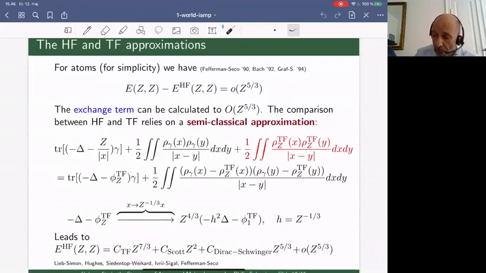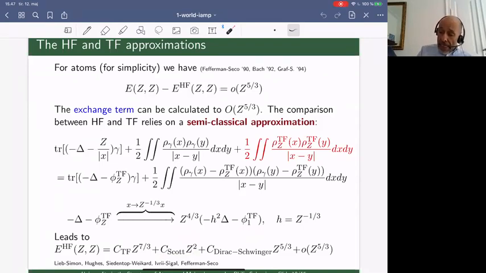It turns out that because of the Coulomb singularity here, there's an added term in the semi-classics coming from the singularity, which does not usually appear in a semi-classical expansion. It's called the Scott correction because Scott was the one who discovered it for atoms, and it has been proved to be a correct next term in an expansion by Hughes and Siedentop-Weikard, and Ivrii-Sigal did it for molecules.